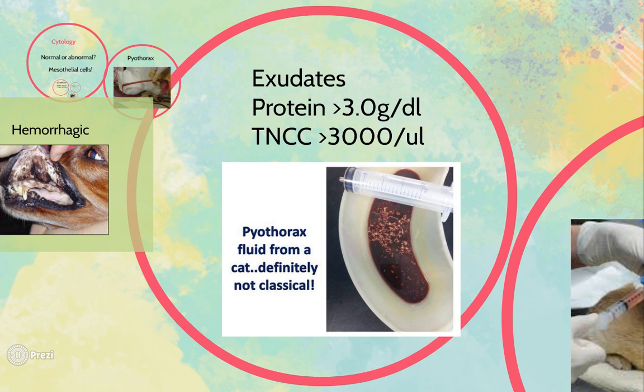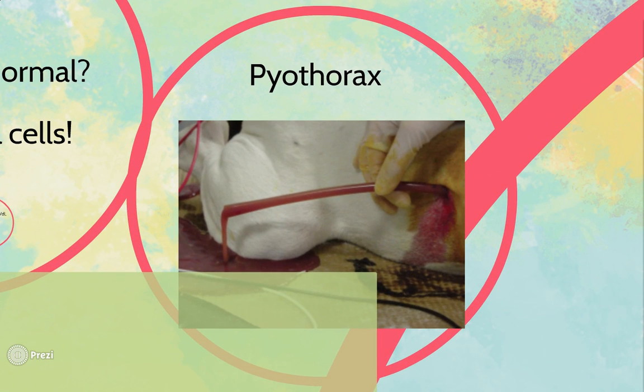In general, in life, degenerate neutrophils, look for bacteria and other microorganisms. And it's super important with exudates, if you're seeing lots and lots of inflammatory cells, to send out for culture and sensitivity. Pyothorax is the term given to pus from the thorax. So this dog, looks like a little Jack Russell, has a drain in its thorax that's removing a whole bunch of pus.